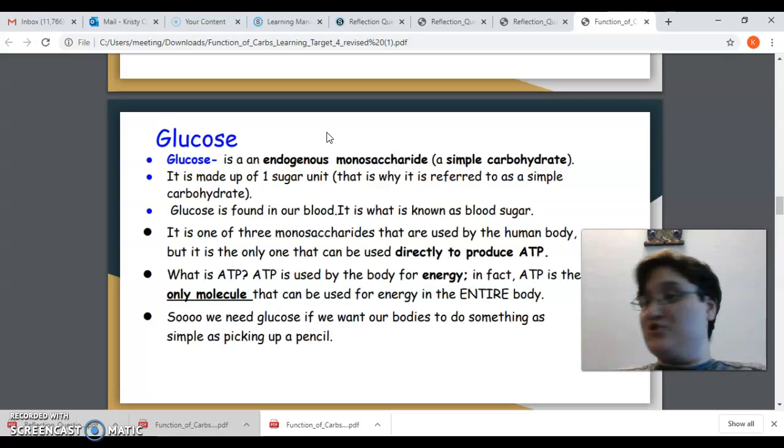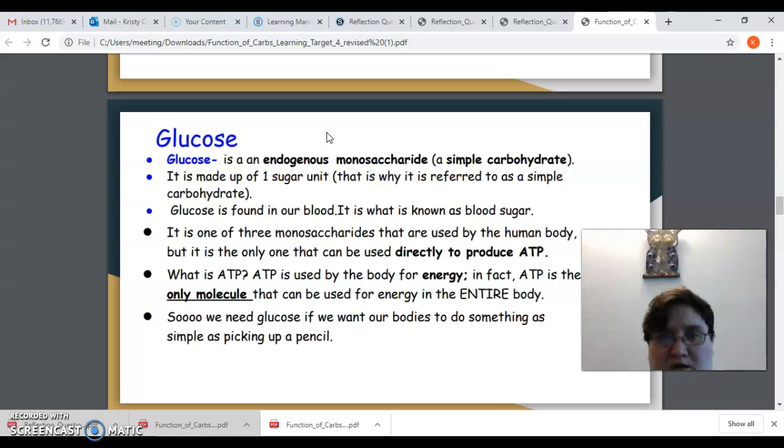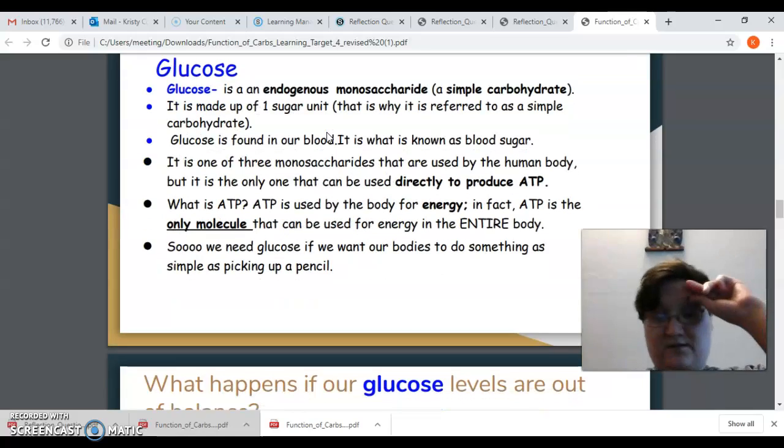If you want your body to do anything at all, like just picking this can up, you need ATP. You can't do anything without ATP. The reason glucose is so very important is because it directly produces ATP. We need that ATP to do anything and everything, even me sitting here talking to a screen. And glucose is what helps us produce the ATP. Okay, hopefully that makes sense.